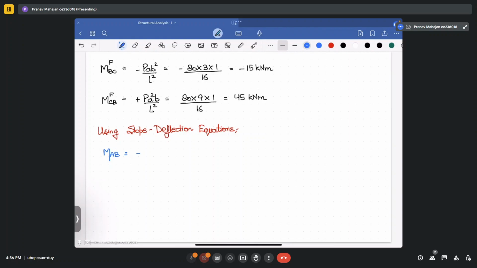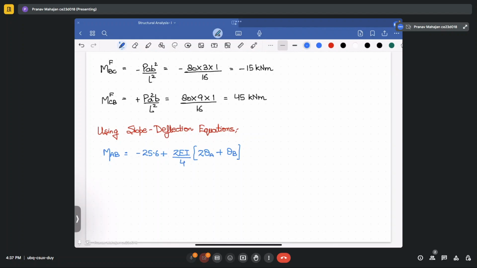First value we have is minus 25.6 plus 2EI upon L. L here is 4 meter, twice of theta A plus theta B.